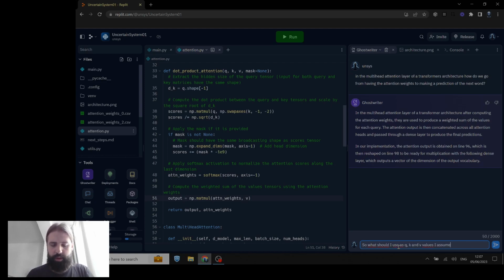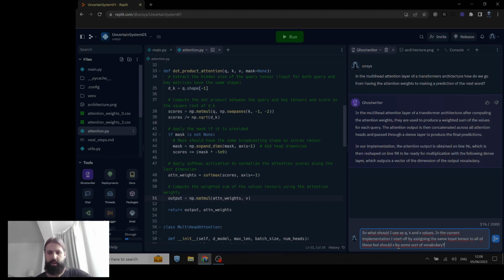I assumed, in the implementation, I start off by assigning the same input tensor to all of these. But should V be some sort of vocabulary? That's what I'm.